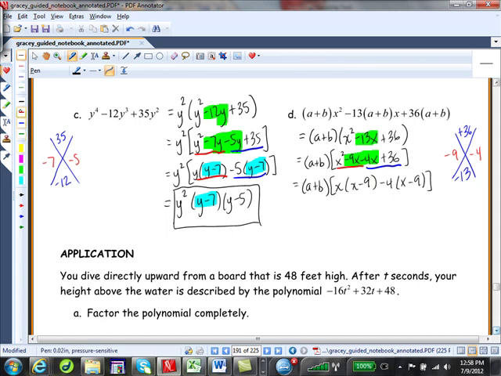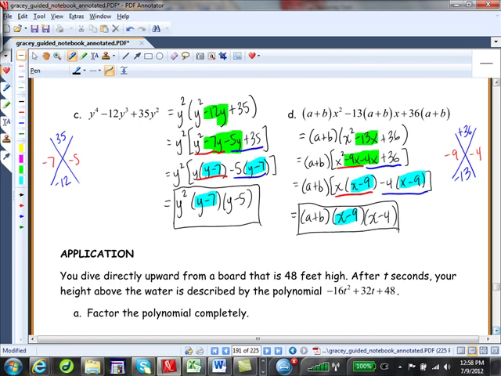So this was our red group and our blue group. And we have a common binomial factor of x minus 9. So we will have a plus b times x minus 9 times x minus 4. Here was our common binomial factor from the second part. And we're all set.